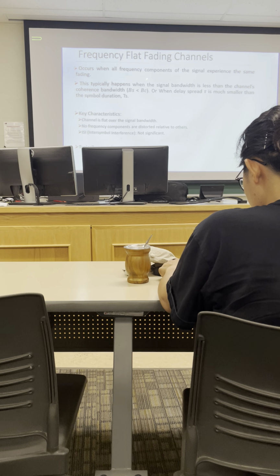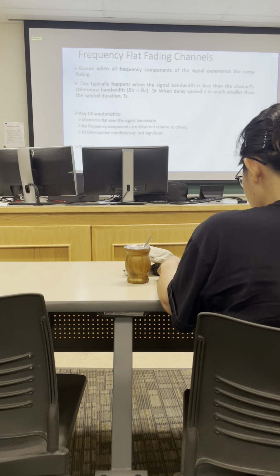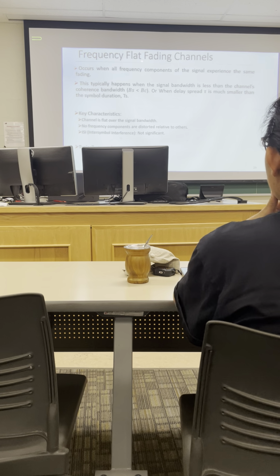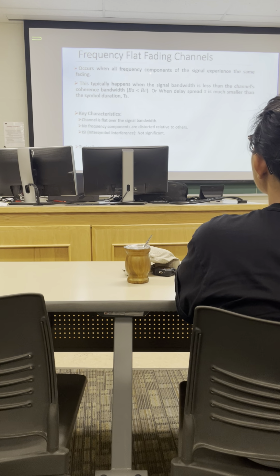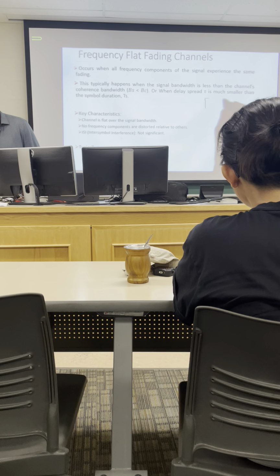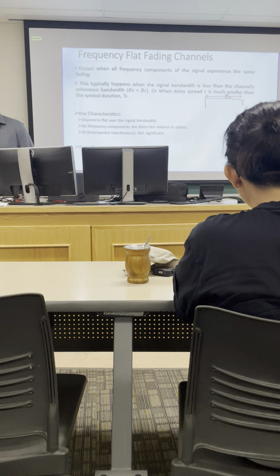In this case, when you compare the bandwidth of the channel, it experiences flat fading, which means that the bandwidth of the signal, BS, is smaller than the coherence bandwidth. Because, for example, if I consider this as the coherence bandwidth, BC, okay?